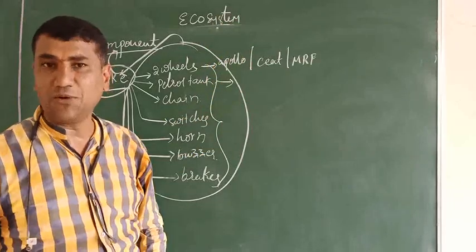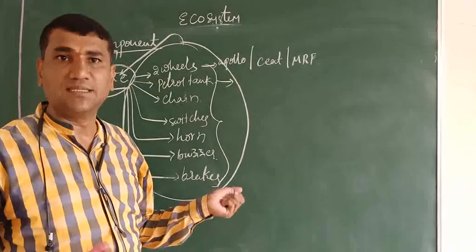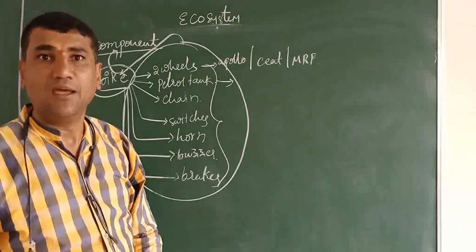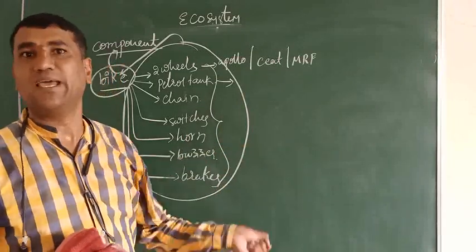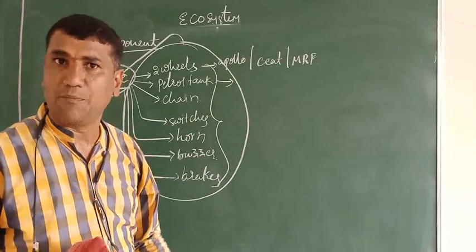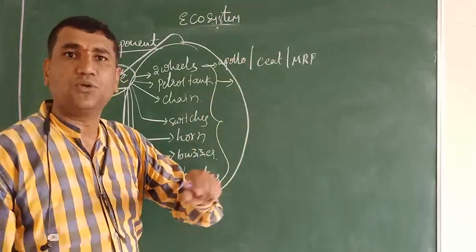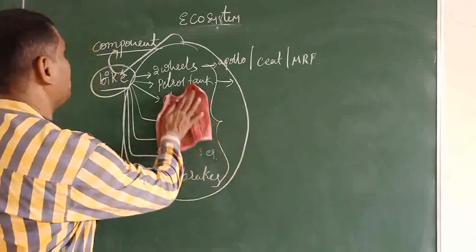So here you need to understand component means different units combinedly function together to form a unit. They have structural components and they have functional components. These structural and functional components together become a unit to run that system, which is called a component.